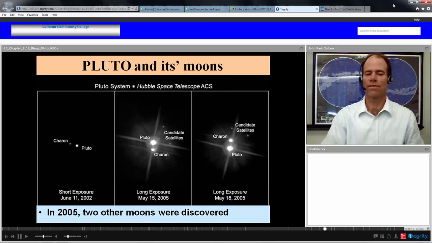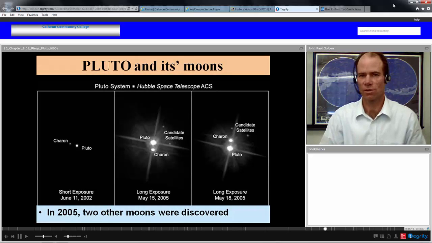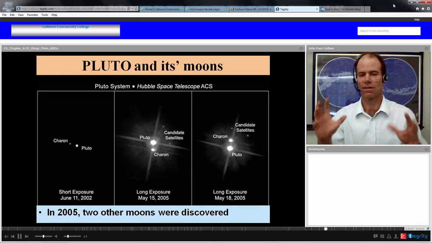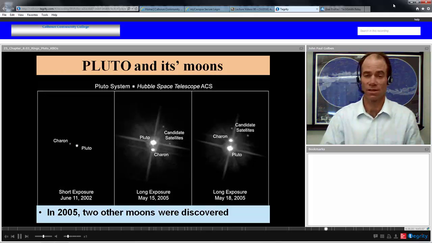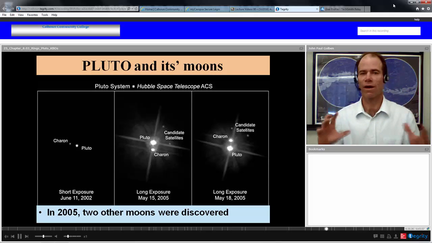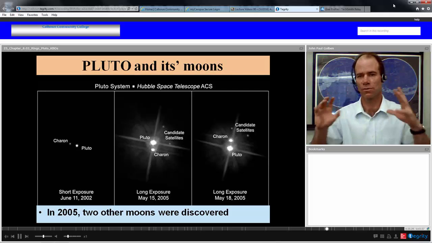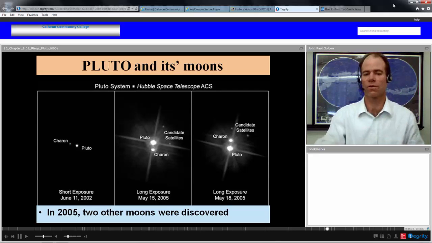In 2005, the Hubble Space Telescope was devoted for 3 days to take a long exposure of Pluto, which is amazing, that all the astronomers will allow this great telescope to be used for 3 days to take a high-resolution photograph of Pluto. The result was that Charon was clearly discerned, and then 2 other objects were seen to be satellites or moons of Pluto. 3 days later, another long exposure was taken, and indeed, those 2 other objects turned out to be satellites of Pluto.